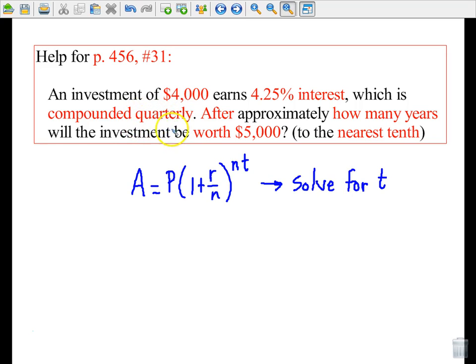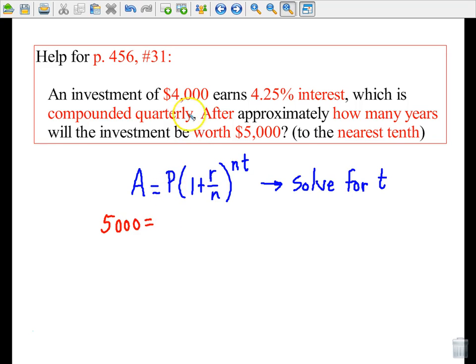Any other types of compounding, we use this compound interest formula. All right, so what we have here is an initial investment of $4,000 that became $5,000. So we're told basically what A is, because A represents what the investment became after interest was applied. So A in this case is 5,000.